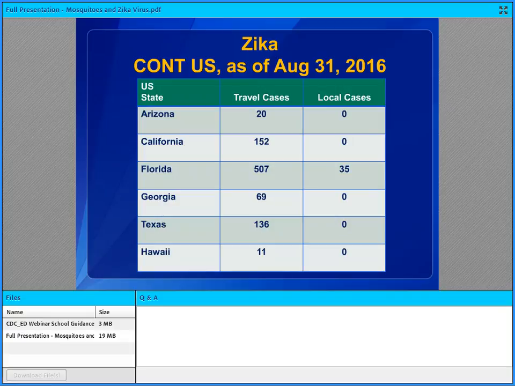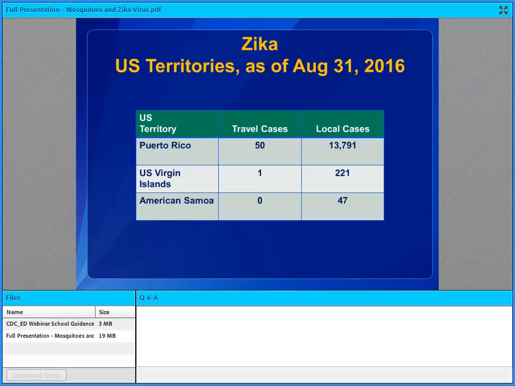The state health department may have even higher numbers that haven't been entered into ArborNet. But I left this old number here from the 31st to show that this is a moving target that is continually being updated as this disease progresses and as we continue to fight and prevent further infections.